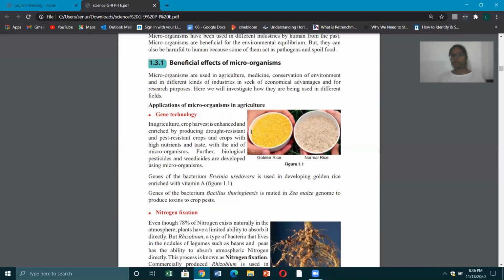Okay, so let's talk about gene technology. In agriculture, crop harvest is enhanced and enriched by producing drought-resistant and pest-resistant crops and crops with high nutrients and taste with the aid of microorganisms. That means, children, with the use of microorganisms, you can produce crops which are better ones. You can make crops which are drought resistant.